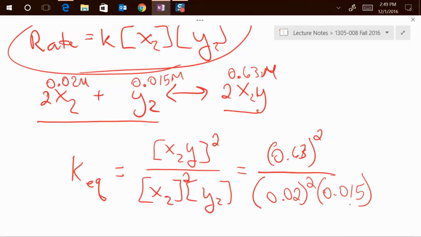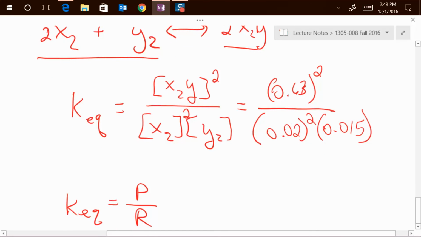Whenever I see you guys doing this, this is how a lot of you enter it into your calculator: 0.63 squared divided by 0.02 squared times 0.015. Guess what? That is incorrect.